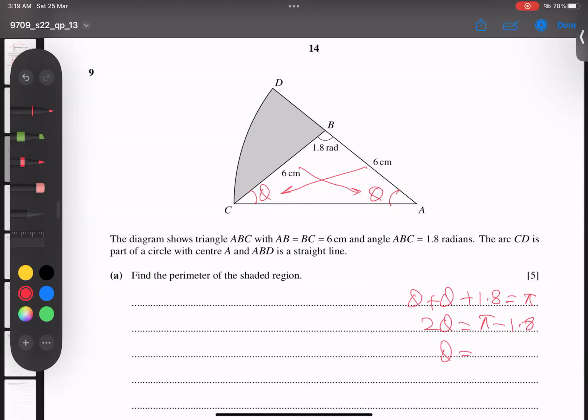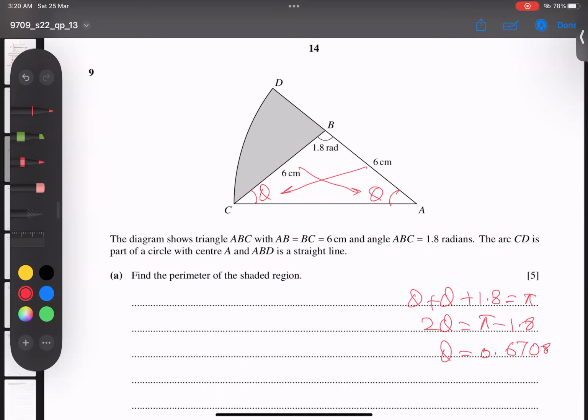So I am getting the answer 0.6708. For a more accurate answer, I will go for 4 decimal places. Okay, so I hope the point is very clear.